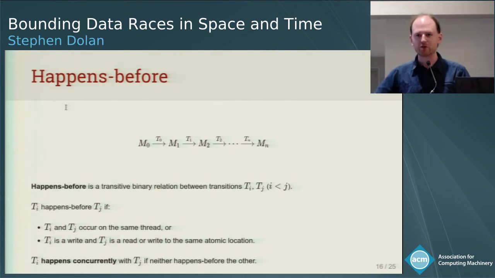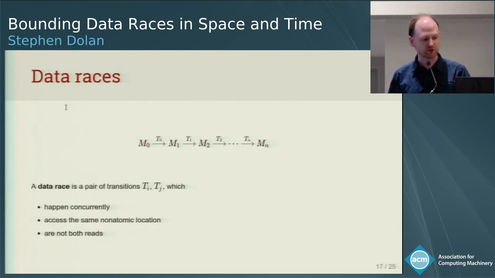That's the bare minimum of formalism to describe exactly what a data race is. A data race is a pair of transitions which happen concurrently, so neither of them happens before the other. They access the same non-atomic location, and they're not both reads. That means we've got two operations, at least one of which is a write, and they're not synchronized with respect to each other.